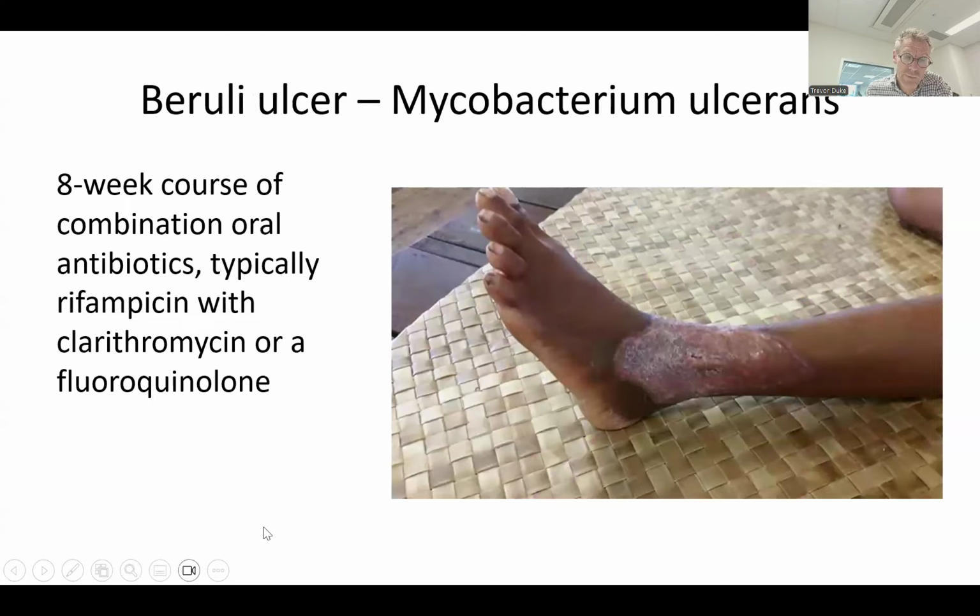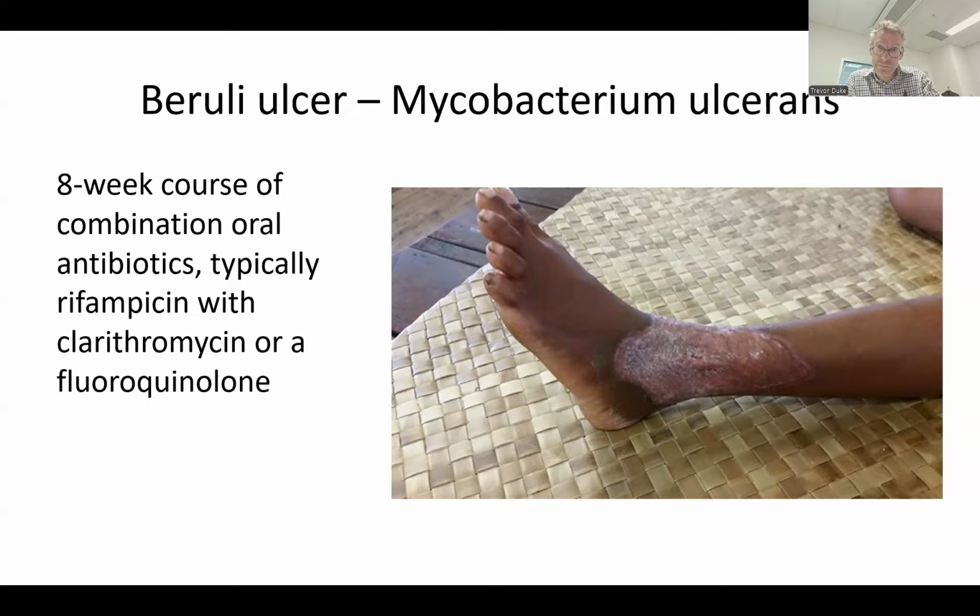The treatment for a Buruli ulcer is 8 weeks of antibiotics, and typically combination antibiotics: rifampicin, clarithromycin, and a fluoroquinolone like ciprofloxacin or moxifloxacin, norfloxacin, but usually it has to be a combination of 3 different types of antibiotics.